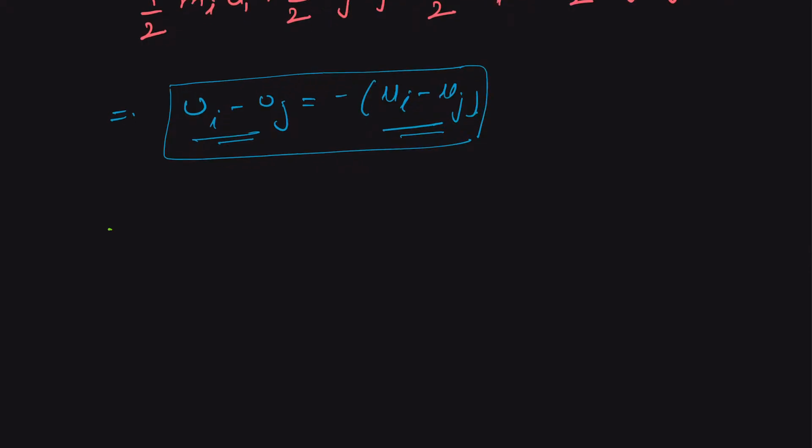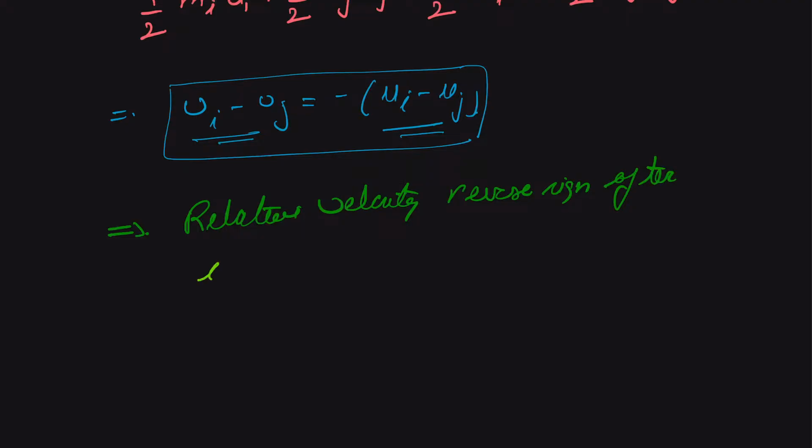Therefore from here we can say that the relative velocity reverses sign after collision. So it means the faster particle becomes slower than the other after collision.